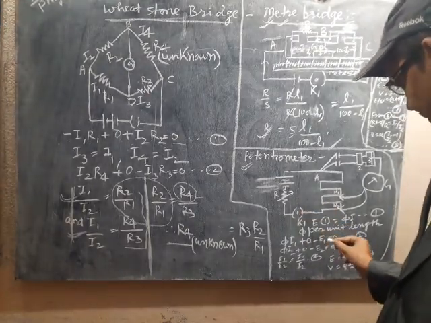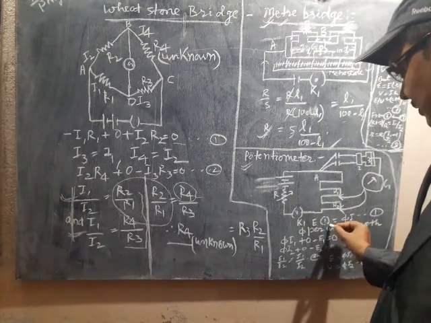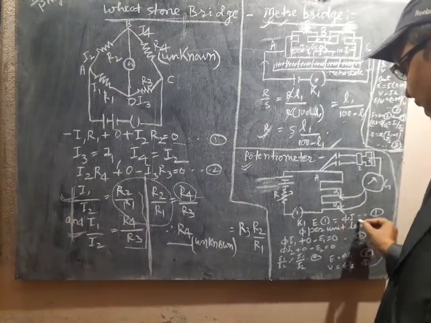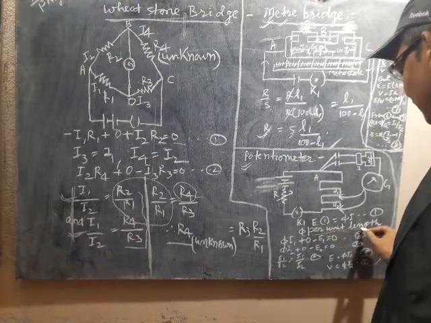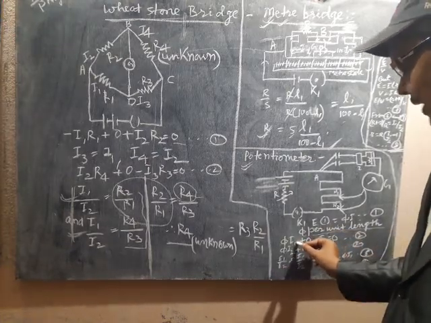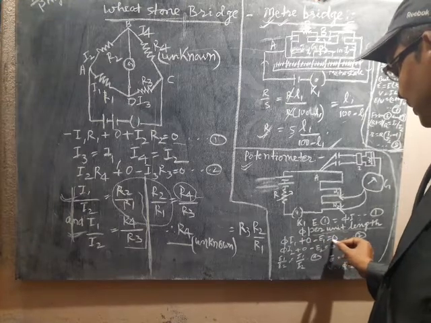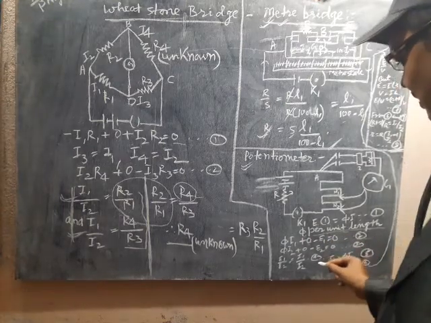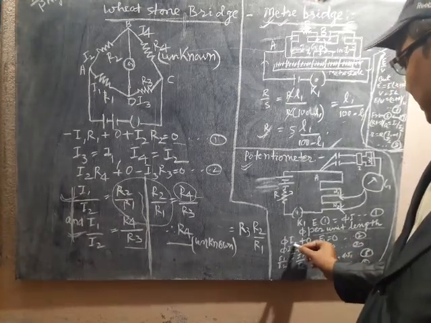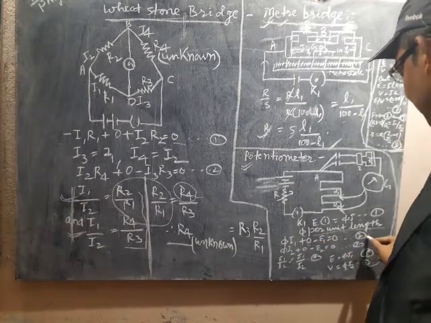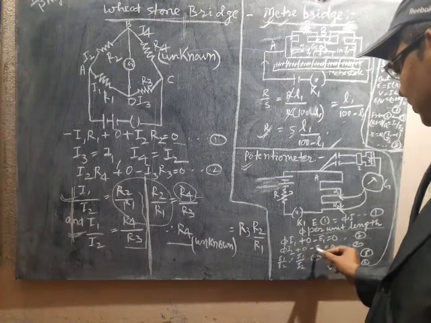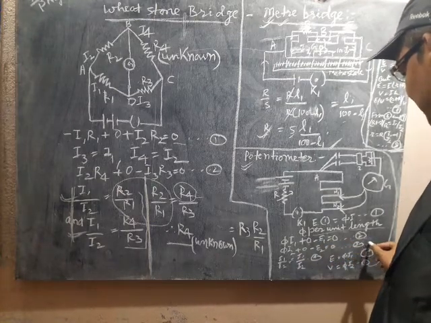Here E1 is equal to 5I, that is first, 5 per unit length. 5I1 plus 0 minus E1 is equal to 0, that is second. 5I2 plus 0 minus E2 is equal to 0, that is third.